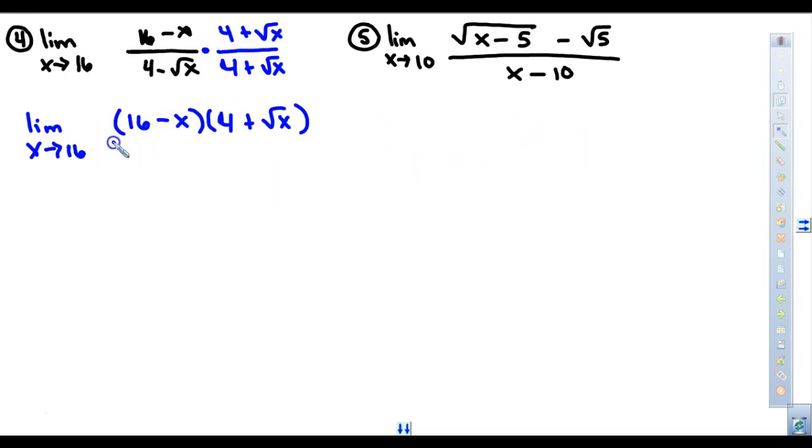The part that you do want to multiply out is the part that you're trying to get the radicals out of. When I multiply my denominator by the conjugate, I'm getting the radical out of the denominator. So it's the denominator I definitely want to multiply out. But the numerator, I don't.